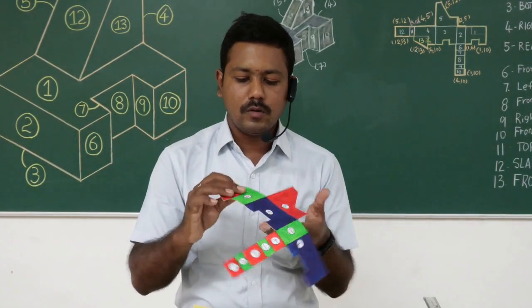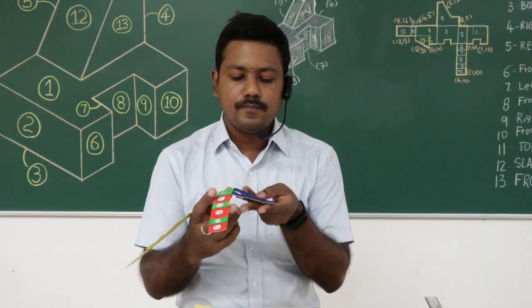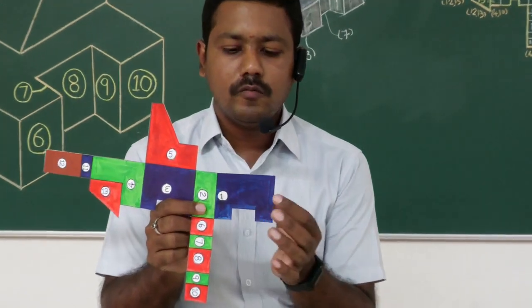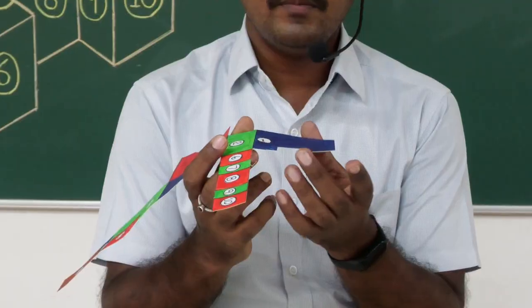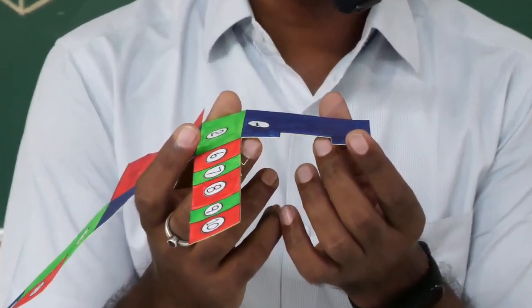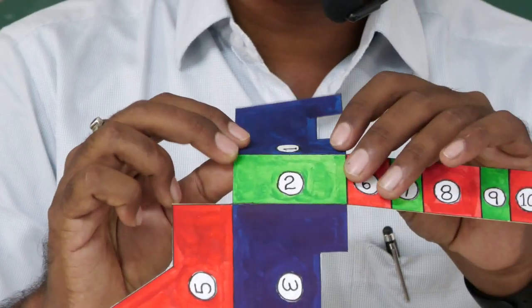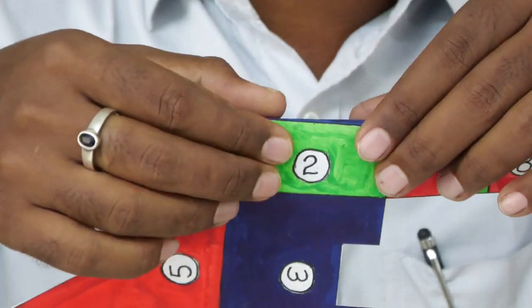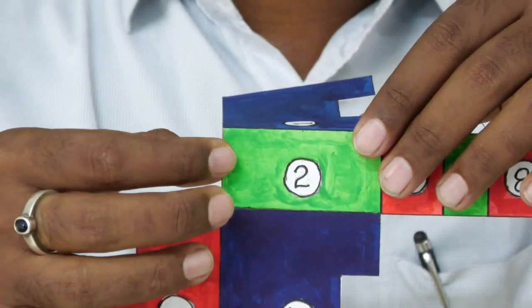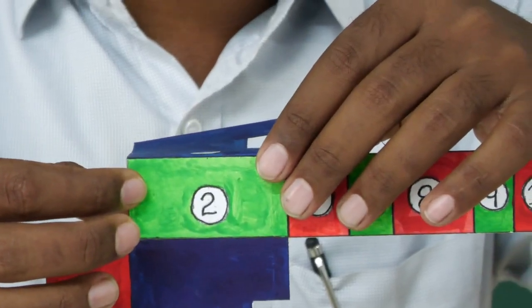Okay, so now I am going to start folding the development. So you can see the edge 1, which is the top face of the bottom box. You keep the face 1 in this position, then you fold the edge 1 and 2. You fold the edge 1 and 2 on the outside, where 2 is your left side of the bottom box.